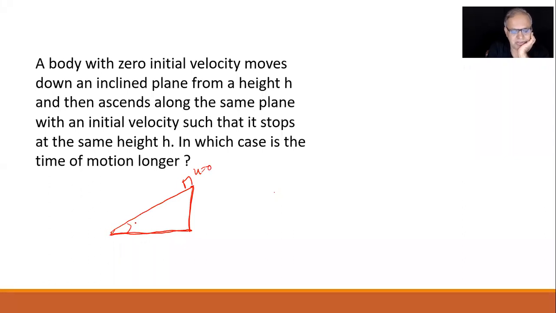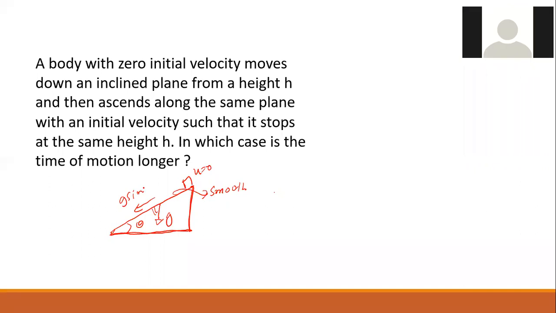If this angle was theta, and this was smooth, what would be the acceleration I told you from Galileo's idea? g sine theta, right? If this is g, and this is 90 minus theta, the component of g in this direction is what? g cos(90 minus theta), which is g sine theta. This is what I told you as diluting gravity. We are taking it smooth.